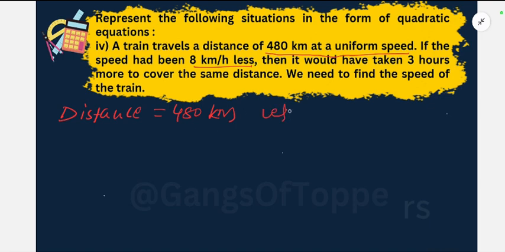सबसे पहले हम लोग पहले का स्पीड को अज्यूम कर लेते हैं. Let speed equals x kilometer per hour, and with this speed, how much time it will take to cover 480 kilometers?